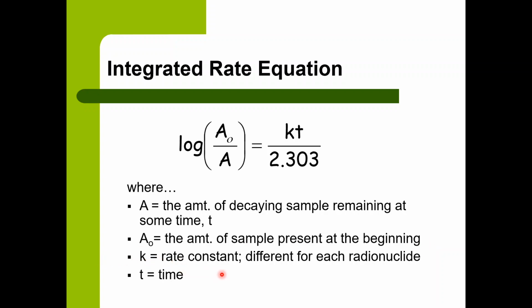This changes for every single radionuclide. We're going to talk about cobalt-60 later on, and we're going to go over the constant for that one, and we'll see how that works. And then finally we have T for time. That time changes based on what you are doing. So that's our different things here.